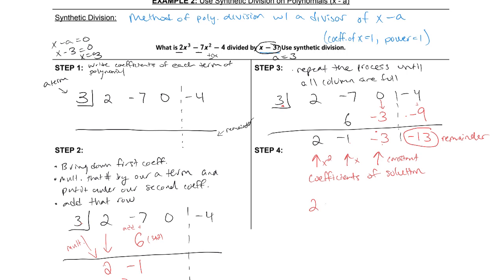So our solution is 2x squared minus 1x, or minus x, minus 3. Well, I guess we could say minus 13 over x minus 3. Because this is our divisor, remainder over divisor. You could leave it as plus negative 13 over x minus 3 if you want as well.